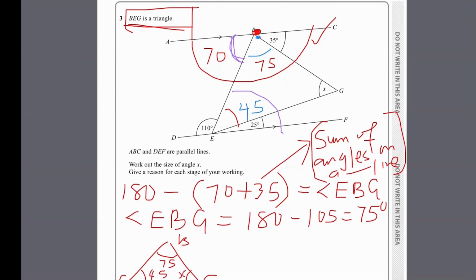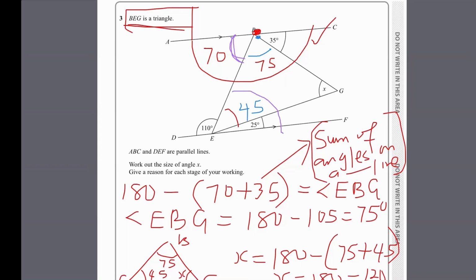Of course, the sum of angles in a triangle should give us 180. So X should be 180 minus 75 plus 45. X should be 180 minus 120, and that should give us 60.